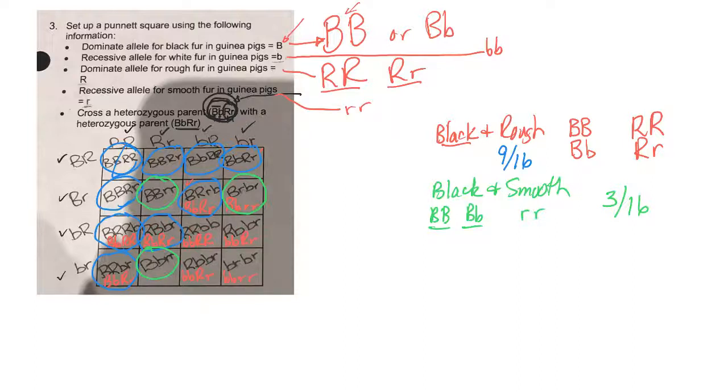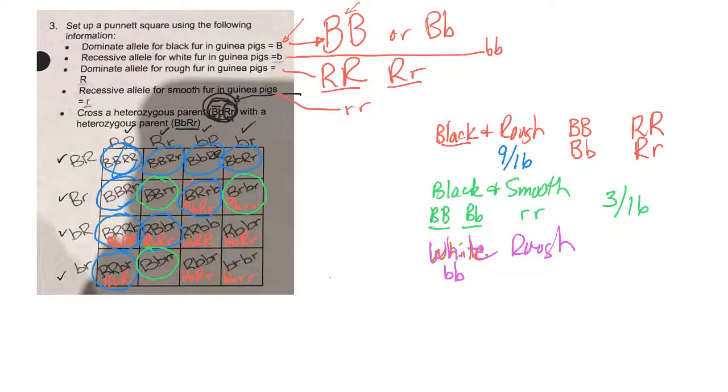Okay, let's try a couple more. We've done black, so let's do white fur. That color is very close to red, so let me pick a different one. Purple. I want white fur and I want it to be rough. To be white fur, the only way I can get that is 2 little b's.